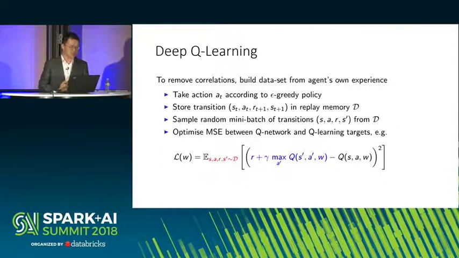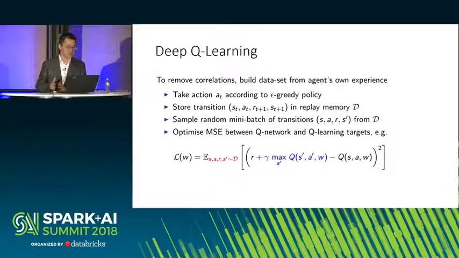So for deep Q learning, that's similar to the process that I described. The agent will choose an action according to the epsilon-greedy policy. So in most conditions, it will choose the action that gives me the maximum reward. In a very small percentage of scenarios, I will just choose a random action, to give the agent a chance to explore other opportunities.